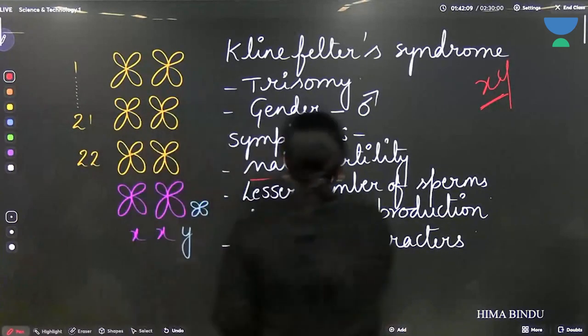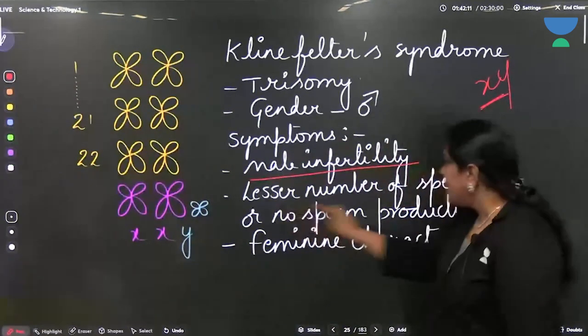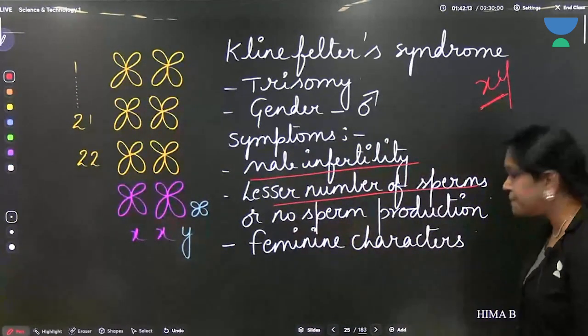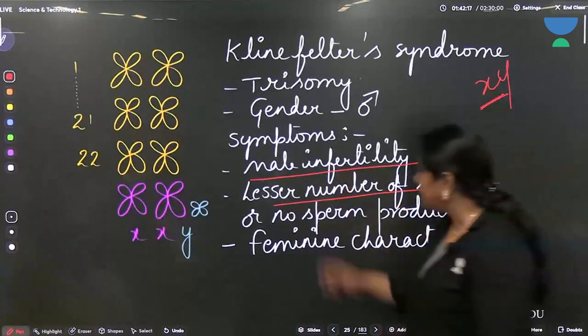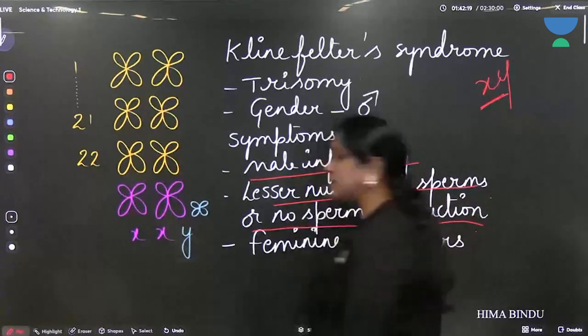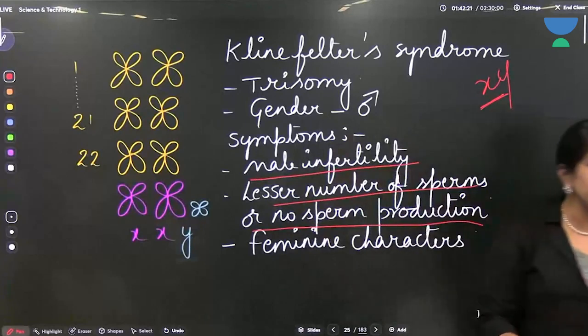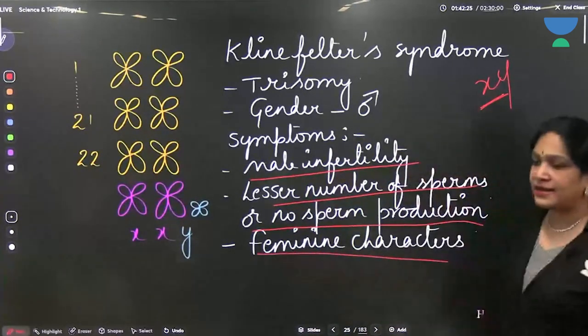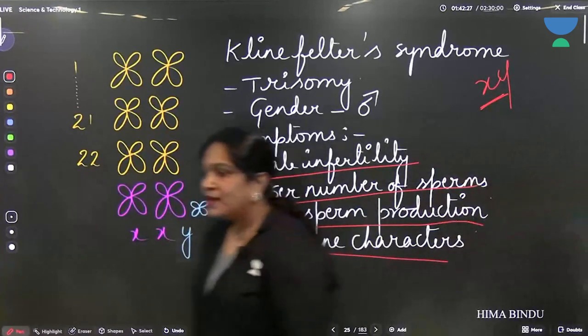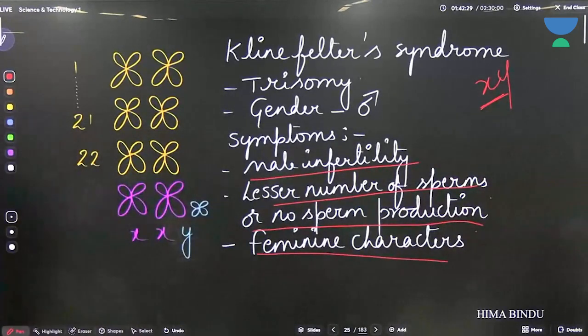So male symptoms: male infertility, lesser sperm count, or no sperm production at all. Feminine characteristics: it is male, but the Y chromosome will suppress the X chromosomes.